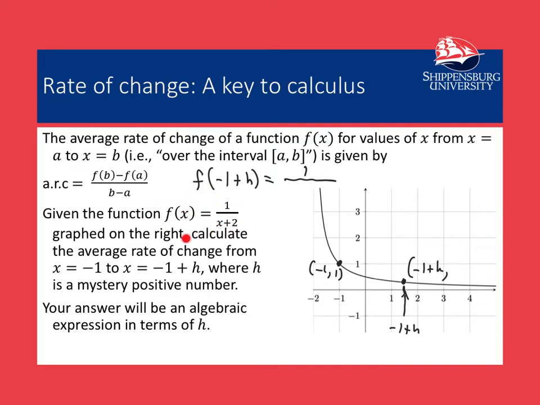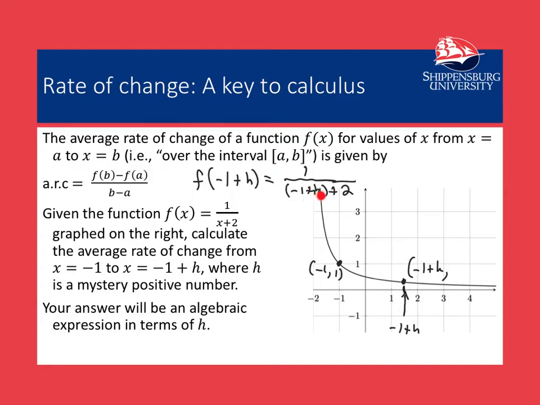So if I put something else in here besides x, all I have to do is put that thing in place of x over here as well. So instead of x in the formula on the right, I'll have -1 plus h. So all I've done is I've taken this expression and I've changed the x to be -1 plus h.